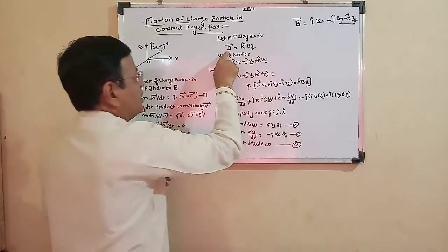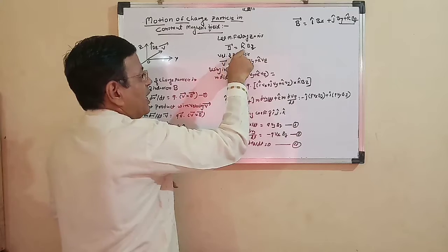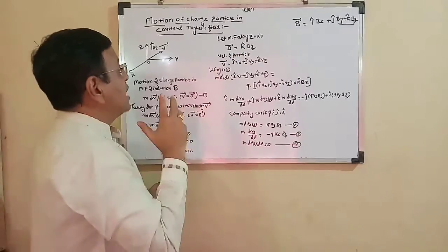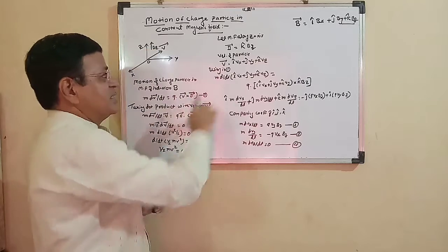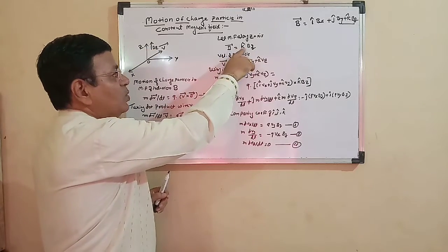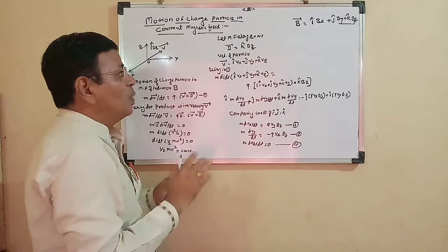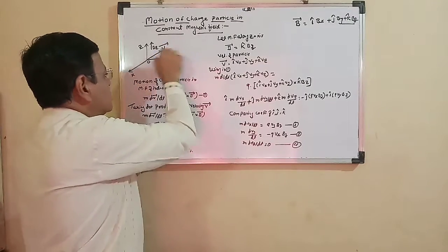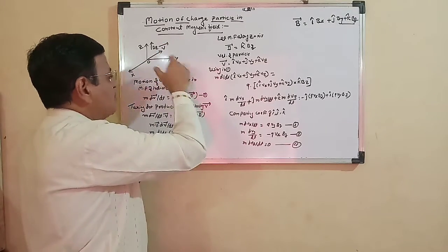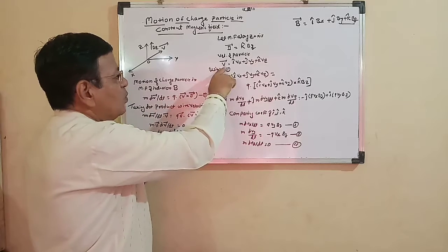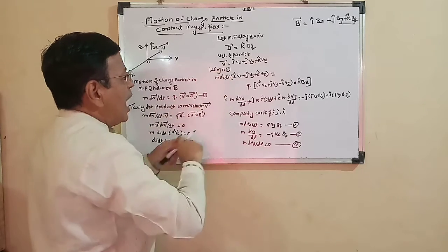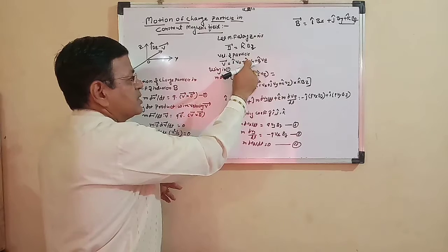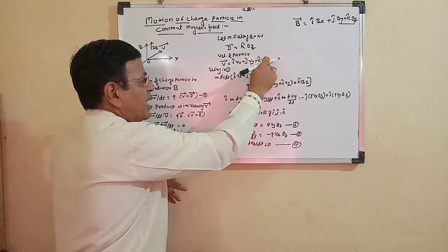We consider here vector B equal to k cap Bz, because we assume that the magnetic induction is along the Z axis. So vector B is equal to k cap into Bz. The velocity acquired by the charged particle due to the application of this magnetic induction is vector V equal to i cap Vx plus j cap Vy plus k cap Vz.